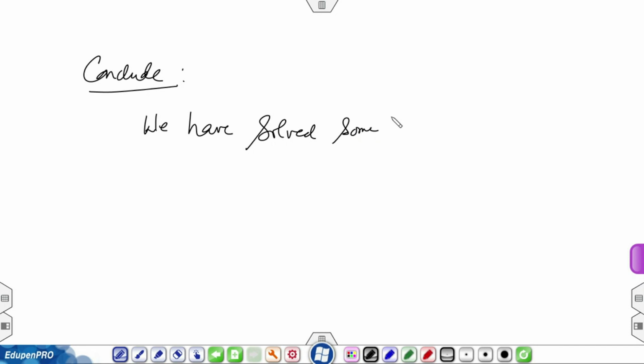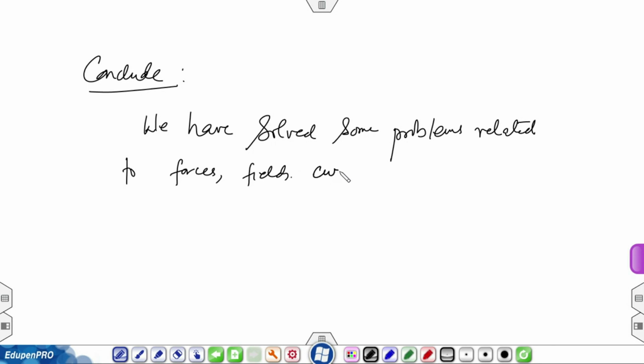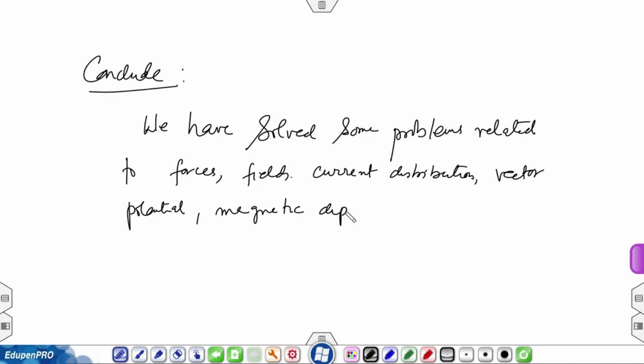So, to conclude, we have solved some problems related to forces, fields, current distribution, vector potential, and magnetic dipole moment, and so on.